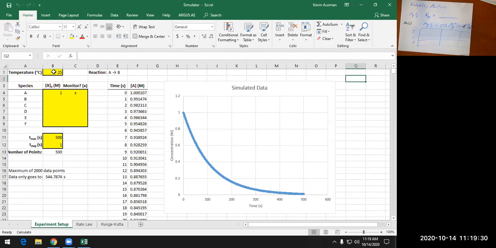You can change the temperature, the initial concentrations, which species you're monitoring, and the time information for when you're taking data. So you're taking data for 500 seconds every 1 second. That's what's currently set up here. Those are the things you can change on this sheet.